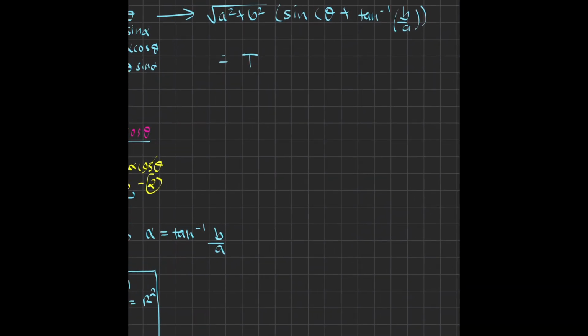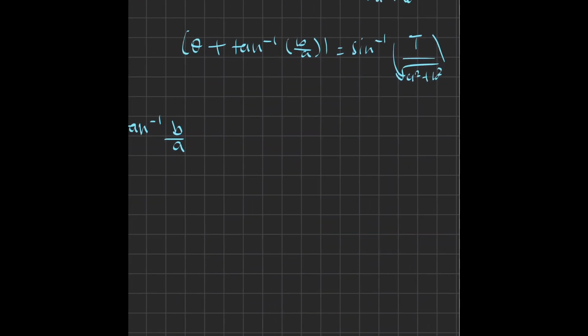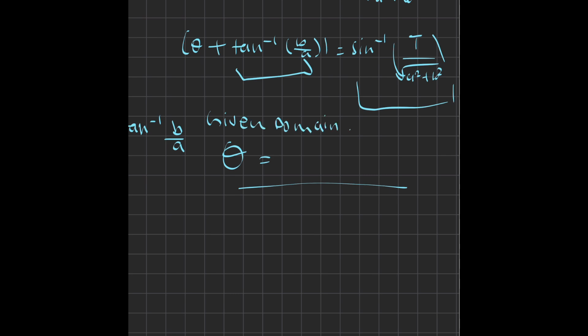So then we know that sine theta plus tan inverse of b by a will equal t by root a squared plus b squared. From here we know theta plus tan inverse of b by a will equal sine inverse of t by root a squared plus b squared. Now if we had actual values for this, we can input it into here and into here, and we can find the value of theta within the given domain, and that would be it.